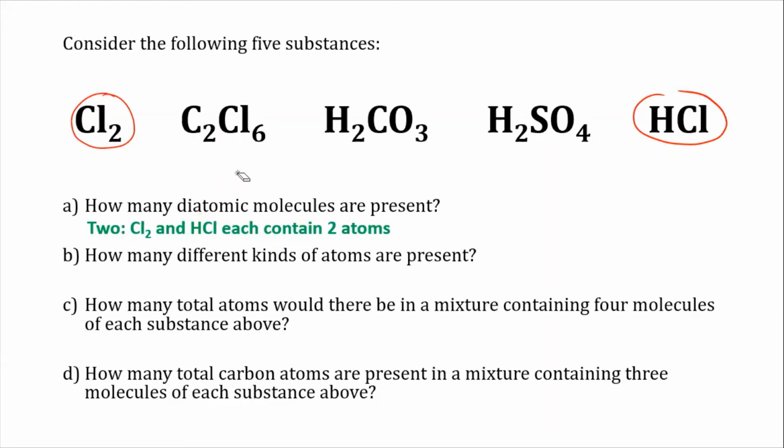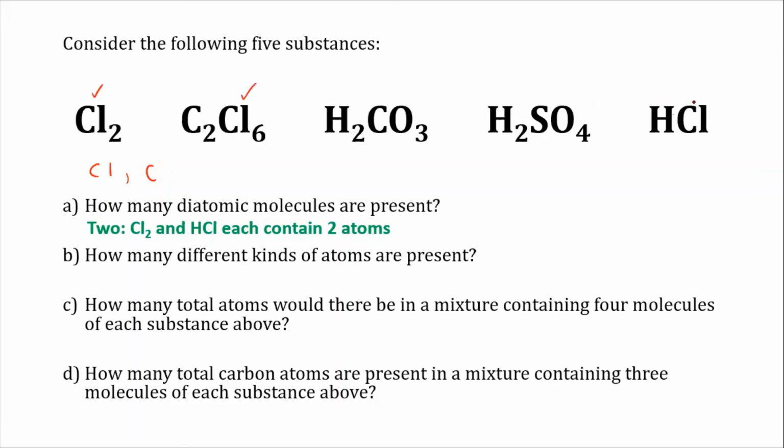Okay, next one. How many different kinds of atoms are present? This is really how many different elements are present. And this is in all 5 of these compounds up above. So to answer this one, I tend to like to make a list. So I have chlorine, that's my first type of atom. I have carbon.